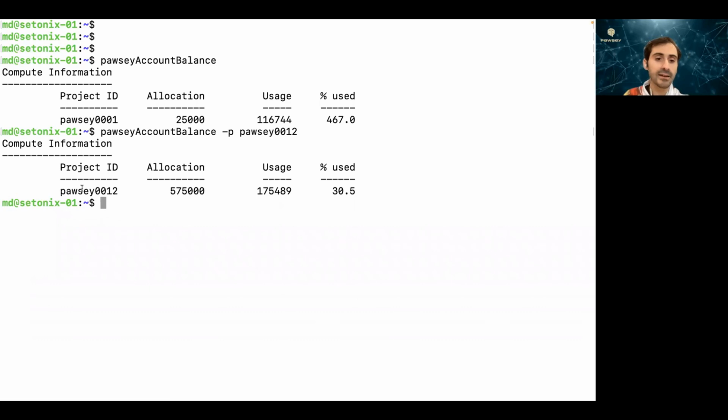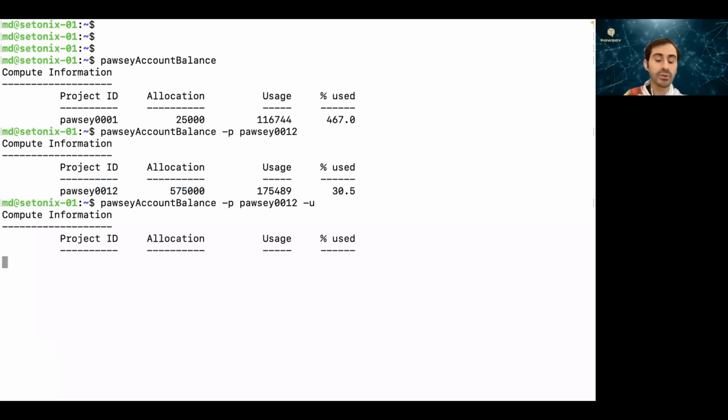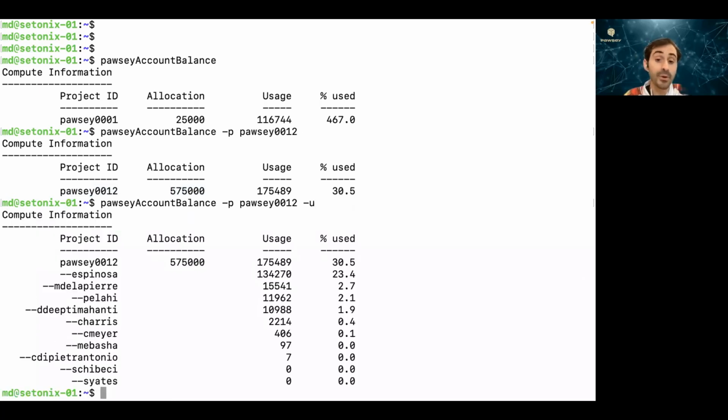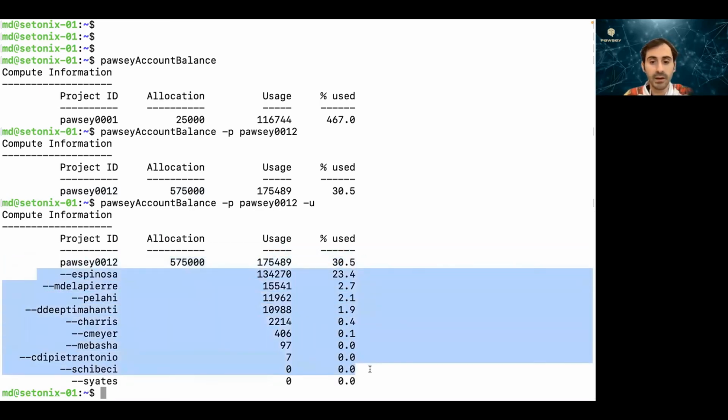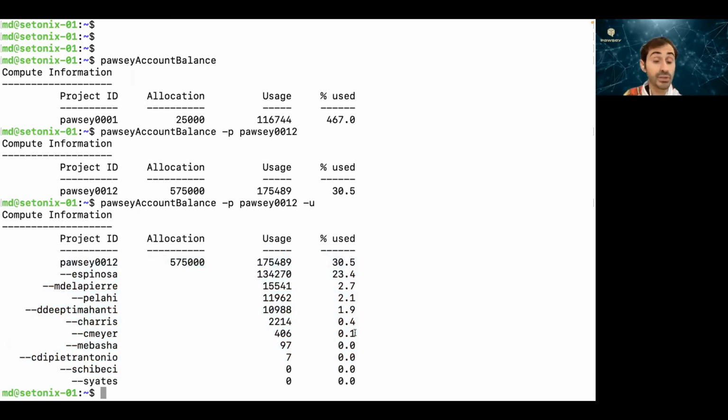And you see I'm now getting information for this specific project ID, and again, allocation and usage for the quarter. Finally, there is a further option that can be useful, -u, which will give you the breakdown by user for that specific project. There is the total in the first line and then the breakdown by user, which can be useful for internal project management and usage of the resources.